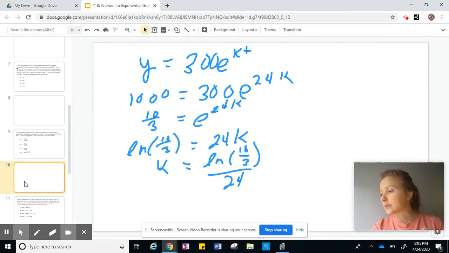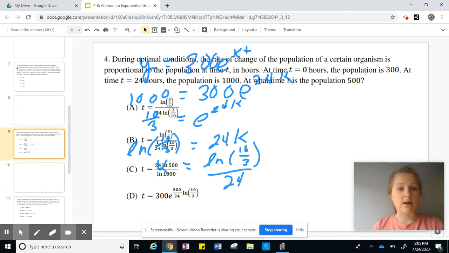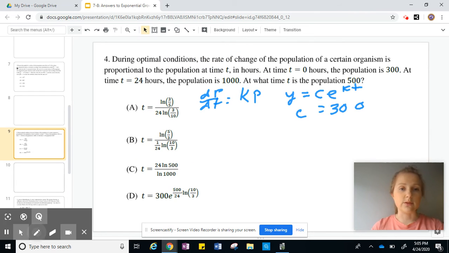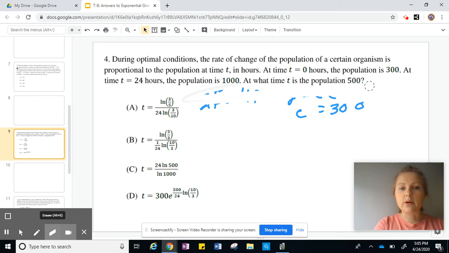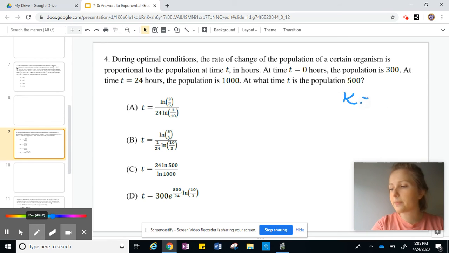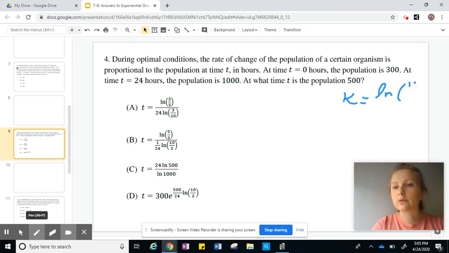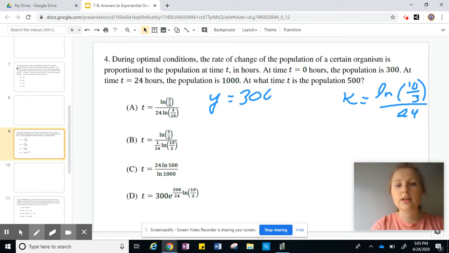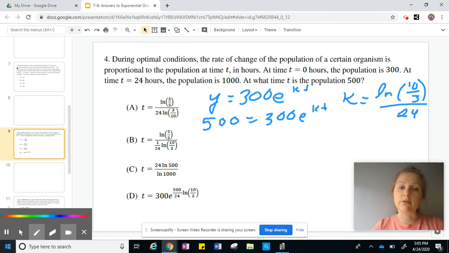We now need to find T when population is 500. So now we know K, we know C, so K equals natural log 10 over 3 all over 24. And we're dealing with y equals 300 e to the kt. And what's the population? 500. We want to find t. All right, so we divide by 300.